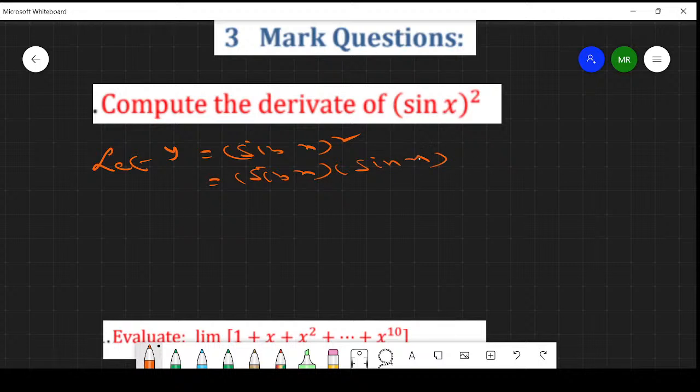When I have taken sin x into sin x, then the product rule can be applied.